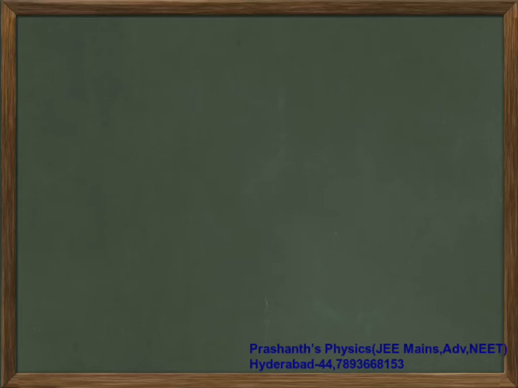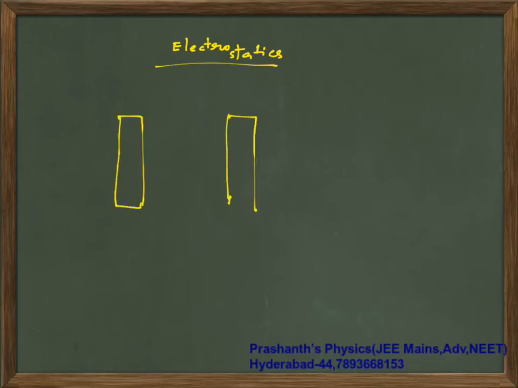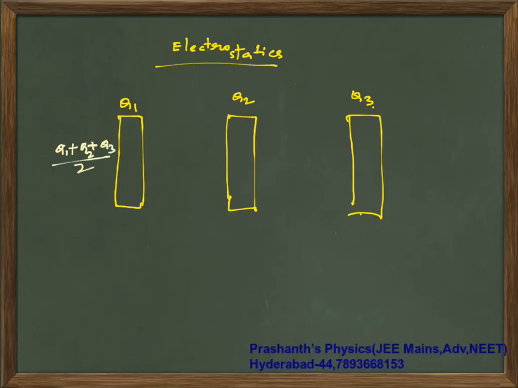In electrostatics, if you remember previously, if you have a charged plate configuration like this, Q1, Q2, Q3, and I ask you what is the final charge arrangement, you will write Q1 plus Q2 plus Q3 by 2 on the leftmost plate and Q1 plus Q2 plus Q3 by 2 on the rightmost plate.